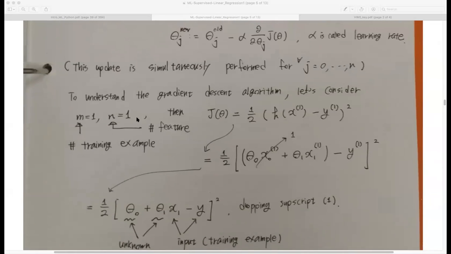Let's say, for example, we consider m equals 1, which is the number of training examples, and n equals 1, which is the number of features.